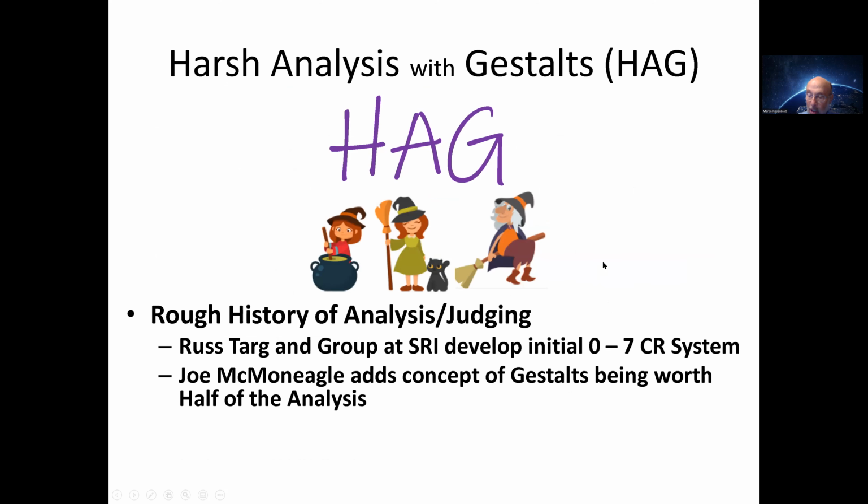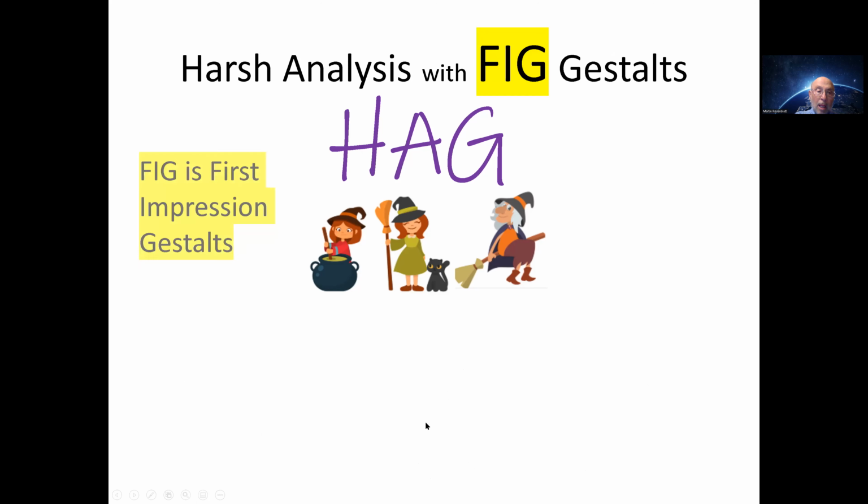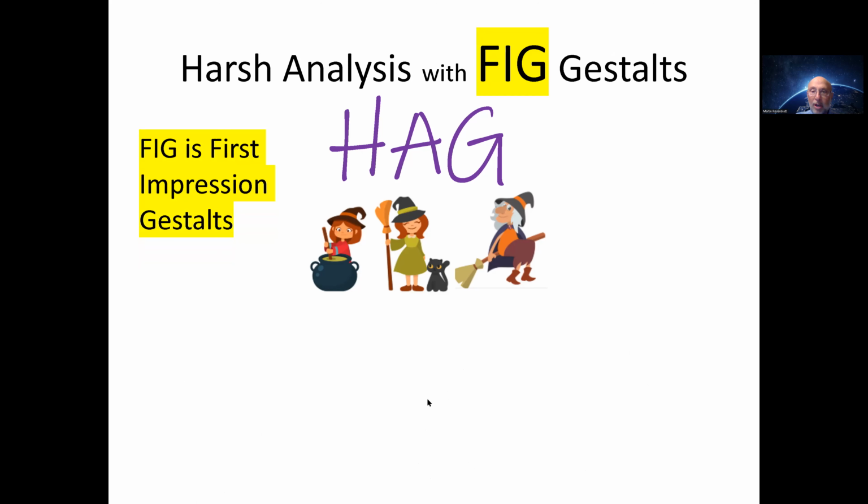So however your judging is, half of it should be these gestalts, the HAG. And then Tom McNair added this harsh portion to it. He's a nice guy. And it modifies the arithmetic a little bit, none of which you have to do. It's all automated.